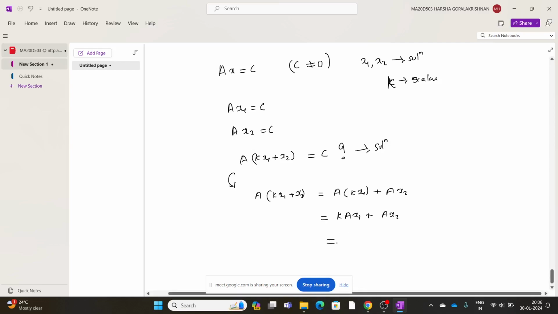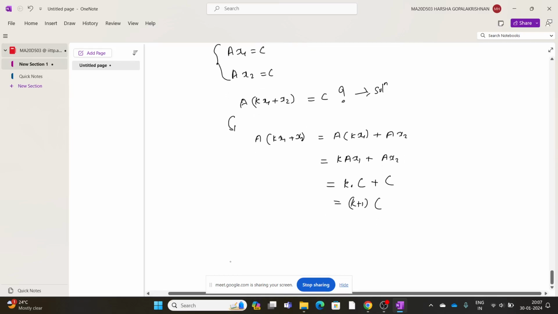Now, since AX1 is a solution, we have AX1 equal to C, and AX2 equal to C. Now we are substituting. See, C is a vector actually. A is a matrix, X is a column vector, C is a column vector. So K into C plus C, where K is a scalar. So what we will get? K plus 1 into C. For example, suppose I take the scalar K equal to 2.